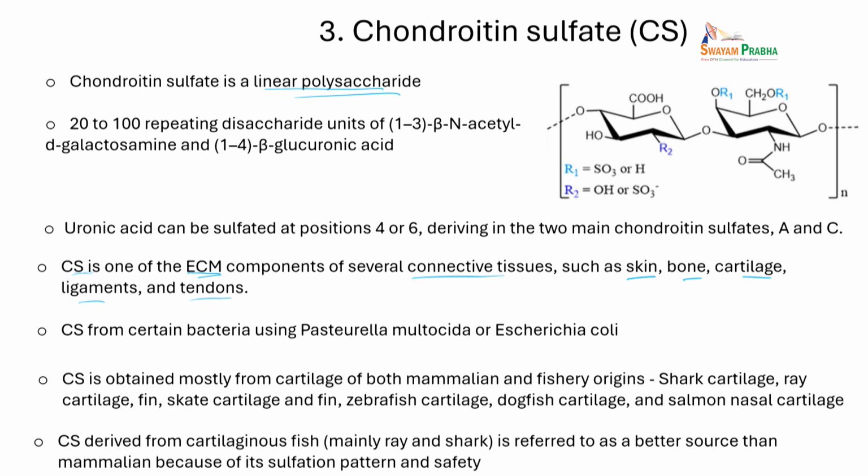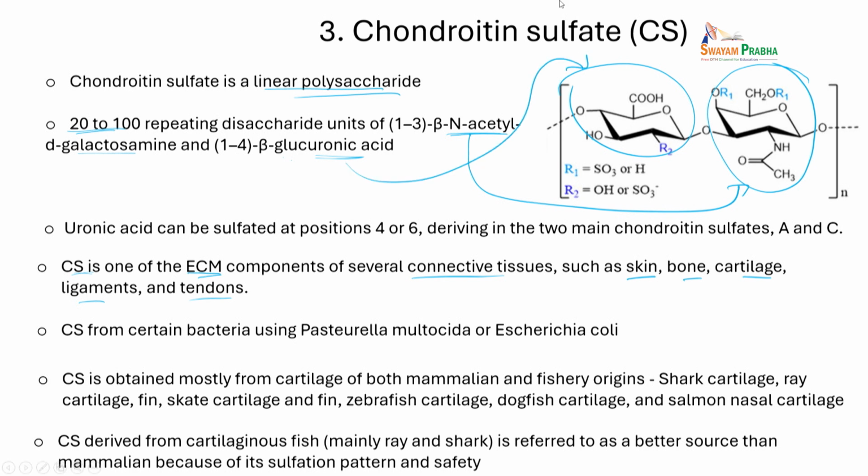More specifically, typically you have about 20 to 100 repeating units, and each contains a dimer of N-acetyl galactosamine and glucuronic acid. You can see this N-acetyl galactosamine, and this is your uronic acid.